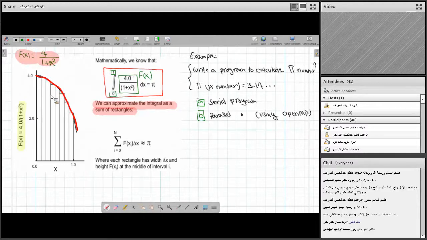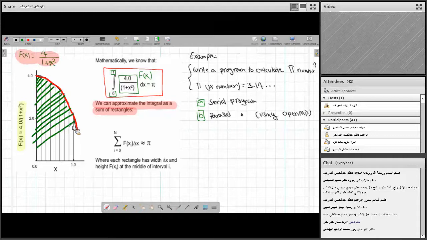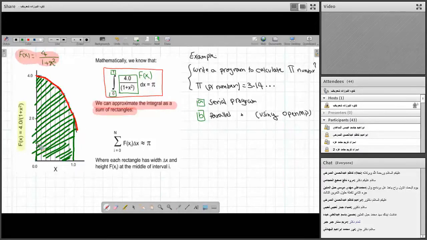This integral is the surface below the red curve, in the interval between 0 and 1. در بازه بین 0 و 1.